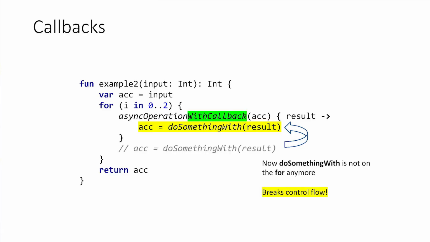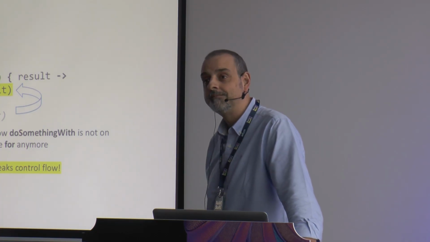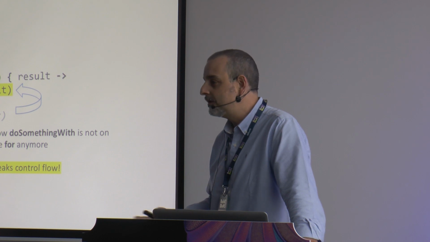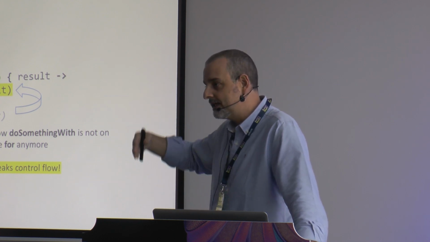So typically, I need to bring the do something inside the callback, which breaks the flow. So that do something with is no longer inside the for, so I need to do callbacks inside of callbacks inside the callbacks, and I easily reach what is known as callback hell. Because this normal flow, I have a simple loop, and I'm iterating through the loop, breaks when I start to use callbacks.